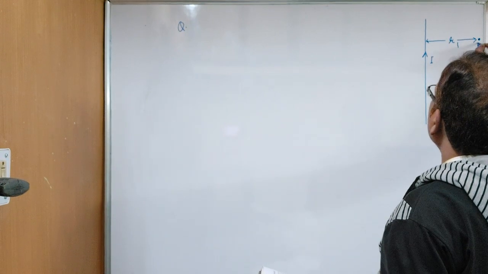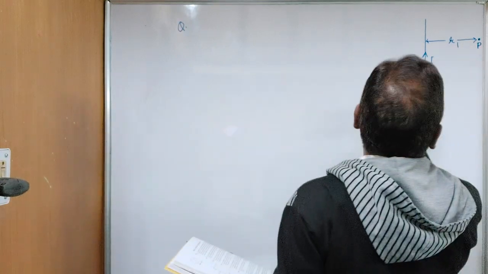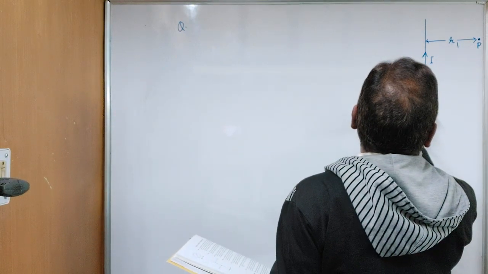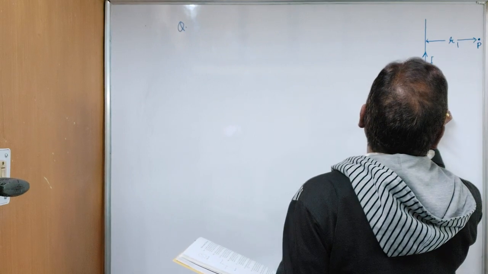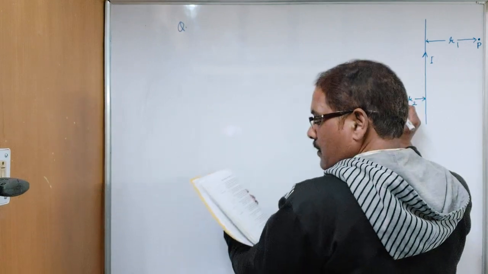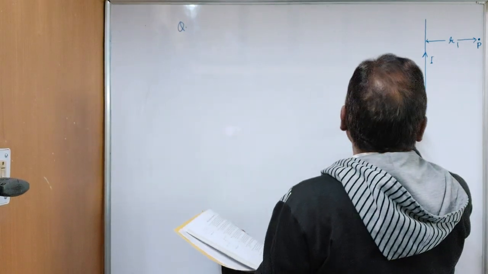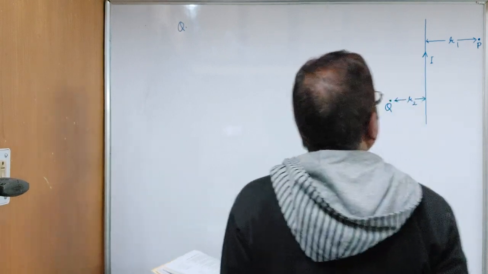There is a point P here and this distance is R2, and there is a point Q here.